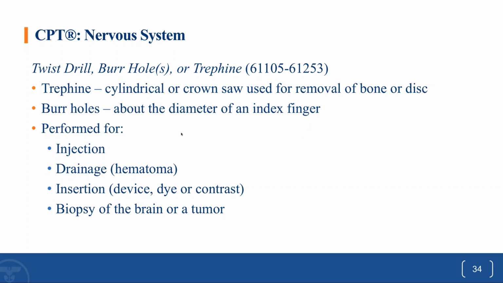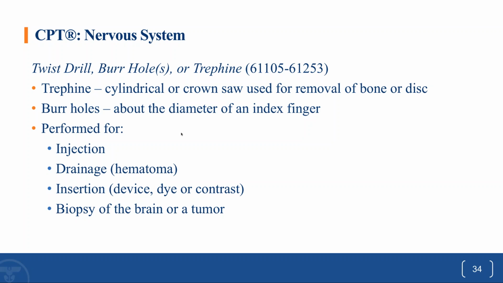So you just have to remember that the twist drill hole is for implanting like a catheter or a lead, and the burr hole is to release pressure for someone that has like a hematoma. And those keywords will be in your question. So they also here on the slide, it tells you perform for injections, drainage, insertion of device, dye, or contrast.